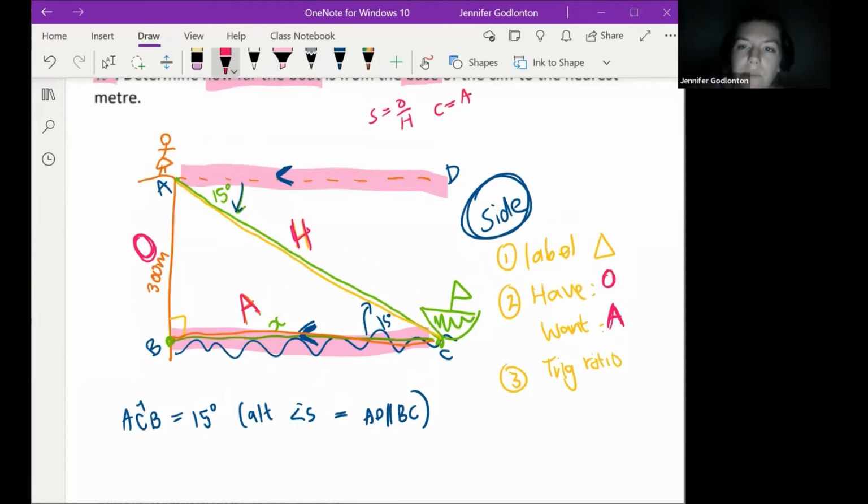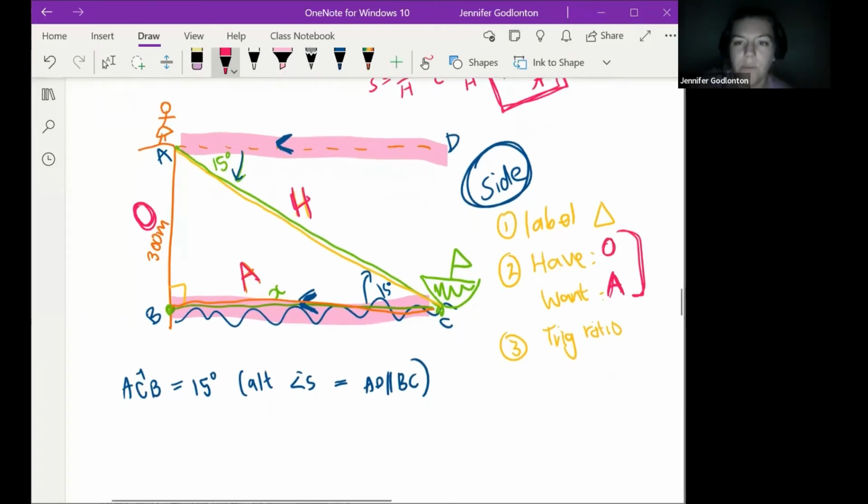TOA. Okay, if we have O and we want A, then do we want to use sine, cos, or tan? Yes, guys, we want to use tan. Okay, because tan has got O and A, and that's what we're looking at over here.